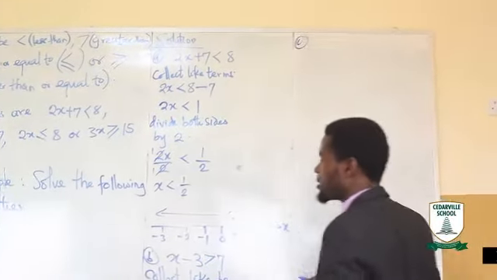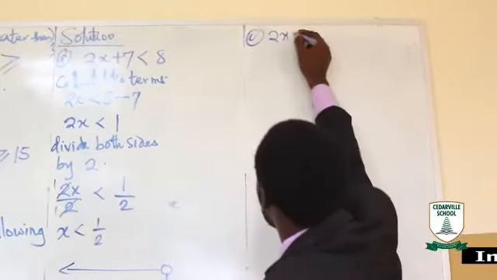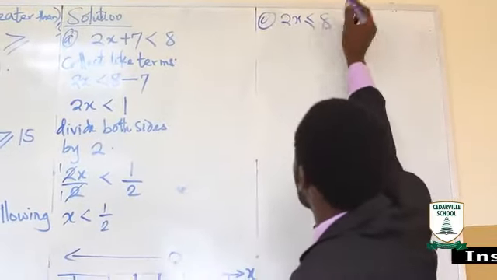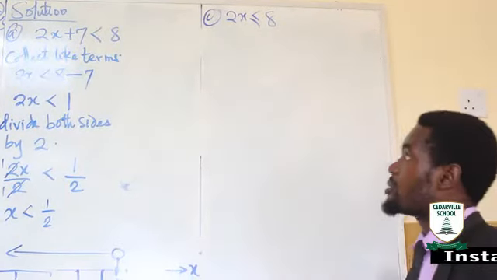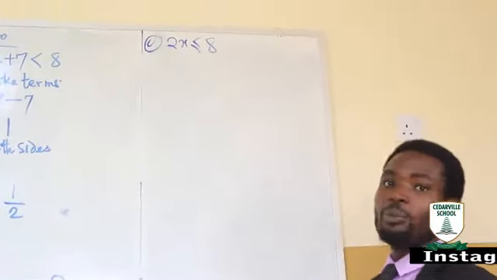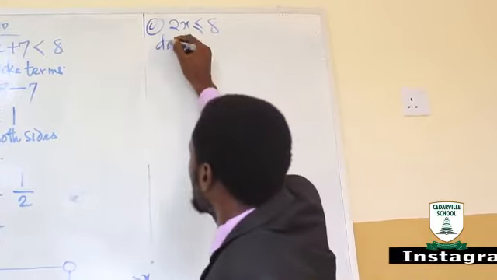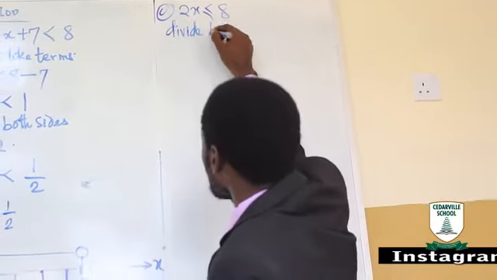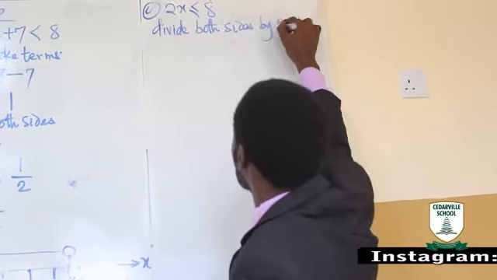Question C is another simple question that says 2x is less than or equals to 8. In this case, we don't have minus plus something. It is very straightforward. The next thing we just need to do is to divide both sides by 2 to get the value of x. So I will say divide both sides by 2.